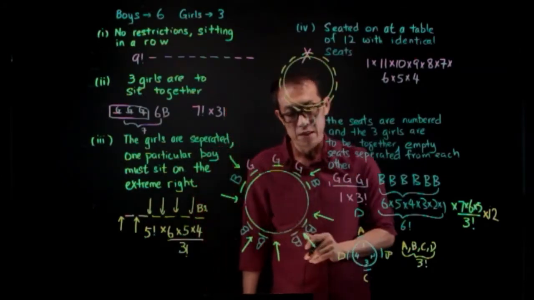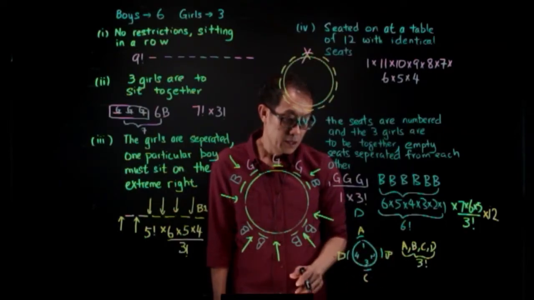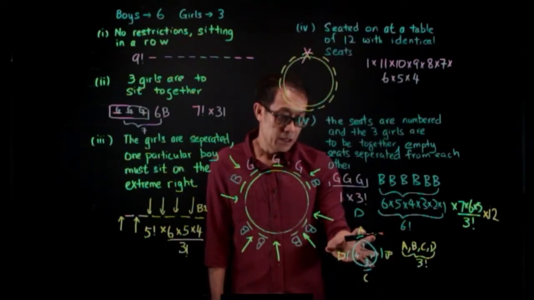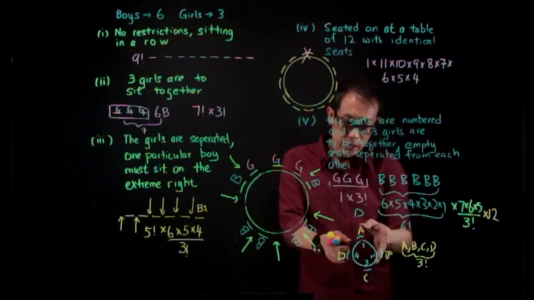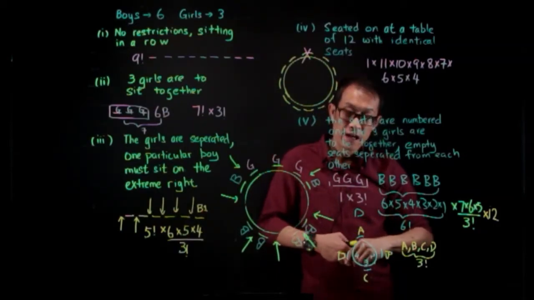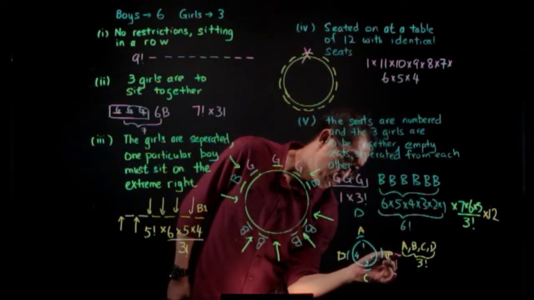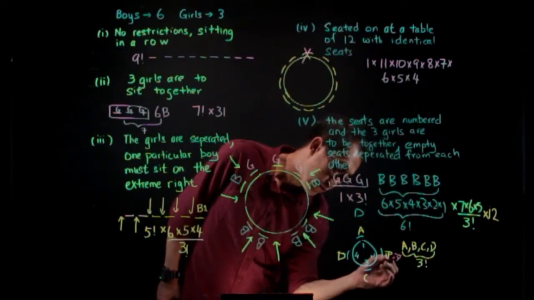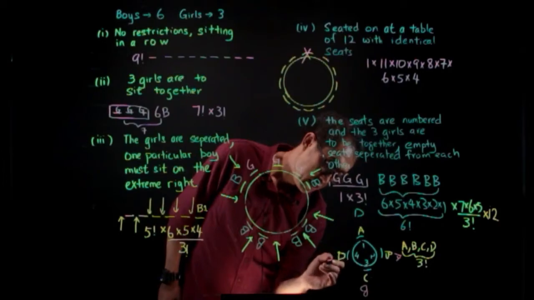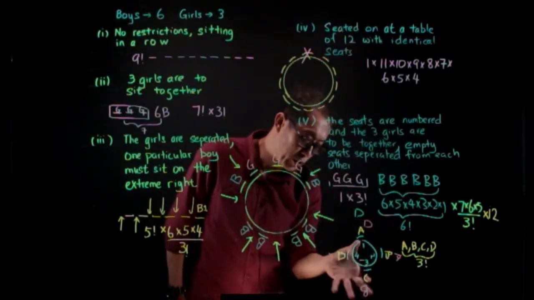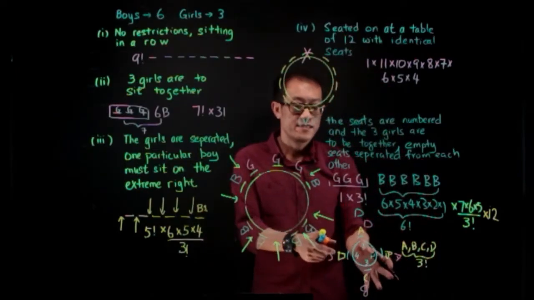A, B, C, D. Now, if the chairs are similar, you will find that if I rotate, everybody moves to the right by 1 chair, then I have A, B, C, D rotated, and you find that they are the same.